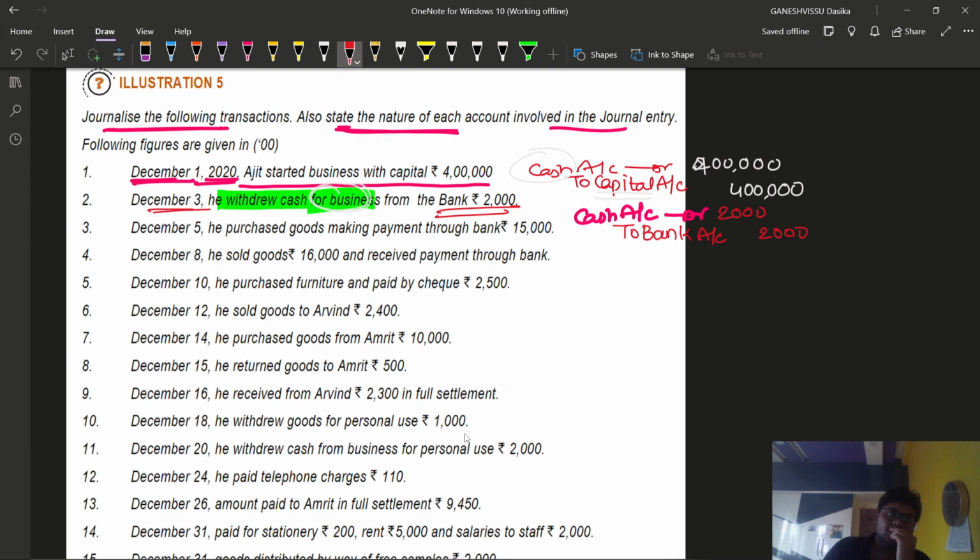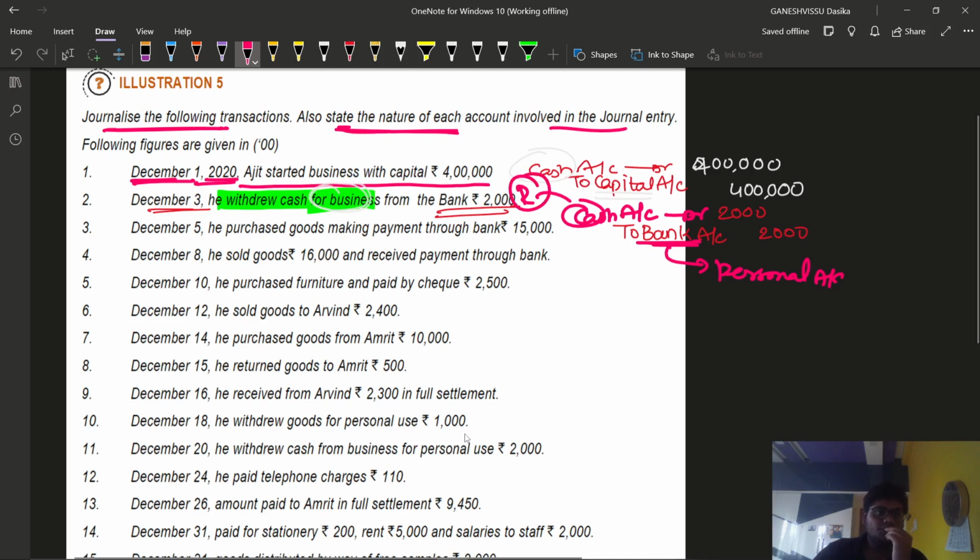So cash account is being debited because cash is coming in. The business is receiving cash itself, right? So cash account debit to bank account. Bank is the giver, so we are going to credit the bank account. Now what is the nature of accounts here? Bank account is a personal account. As usual, cash account is a real account.